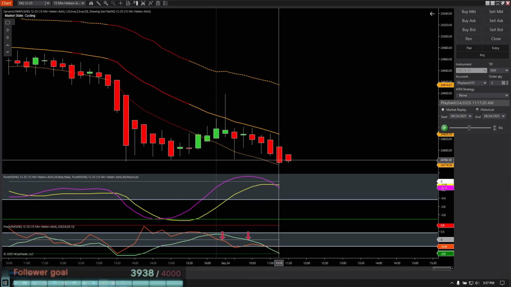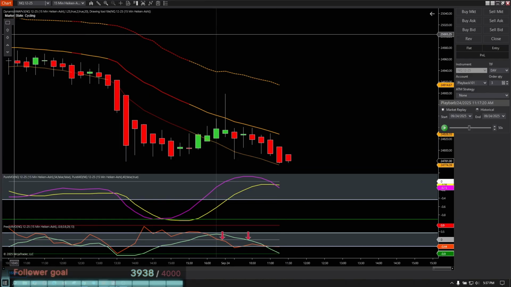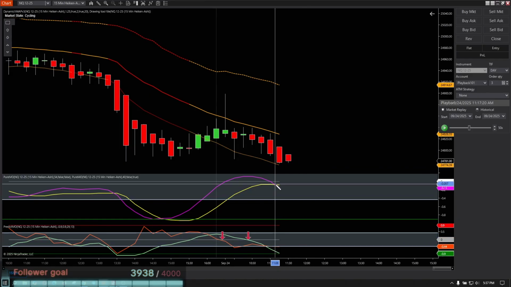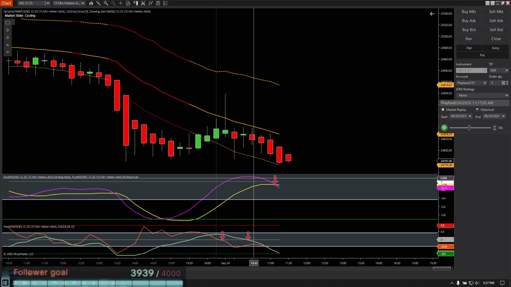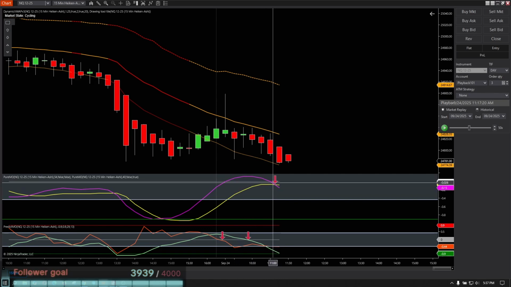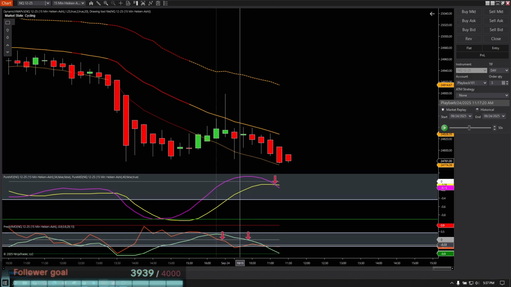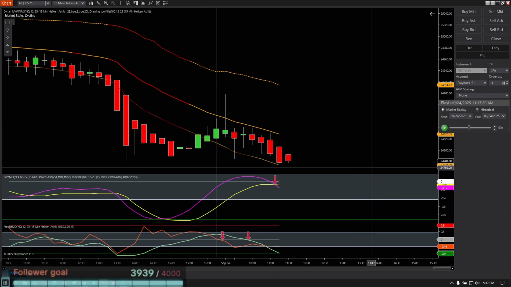This is the 11:15 bar. Now we're at the 11:30 bar. This is the shift that I'm looking for right here. The leading function of momentum just turned over and crossed below momentum, which is the yellow line right there. You already have PredictMO telling you that price is coming down.